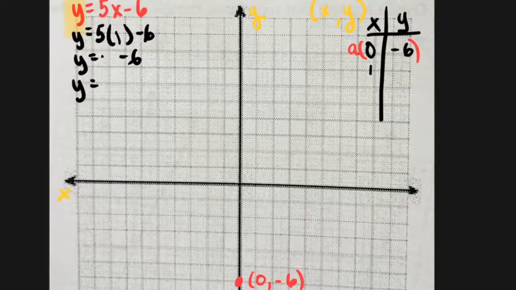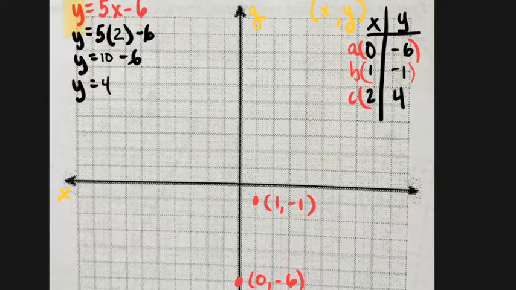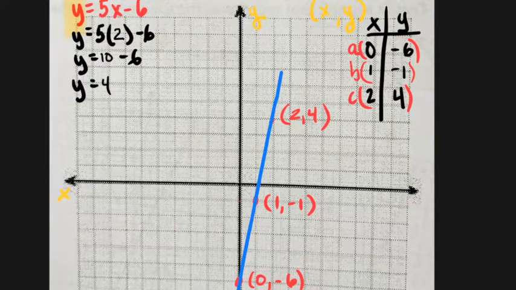And I can begin to build my table. If x equals 1, then my value is going to change, and y is going to be equal to -1. And I can call that point B. I can call that point C. There is more than one point that will make this equation with two variables true.